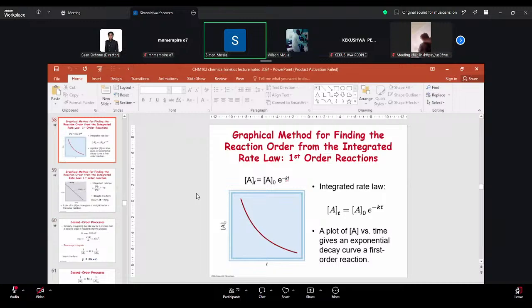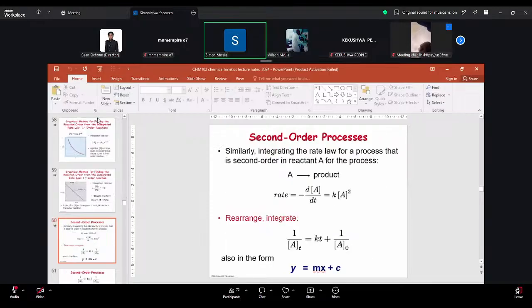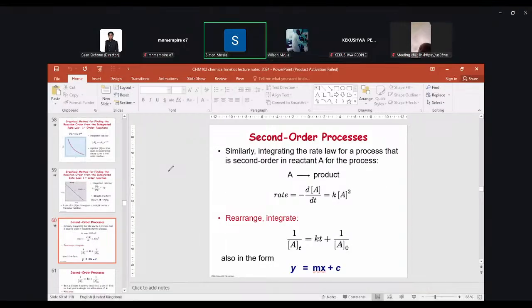The example was, okay, it's far away. I'll show you the example. Now the integrated rate law for the second order reaction. Remember that for a second order, the rate is equal to k times the concentration of A to the power 2.